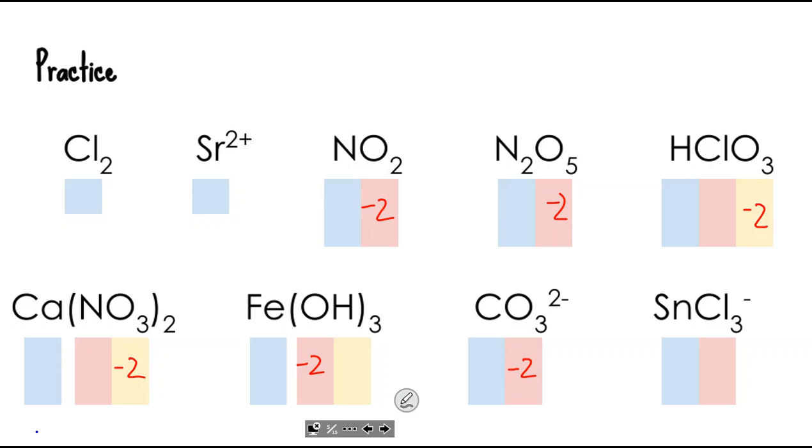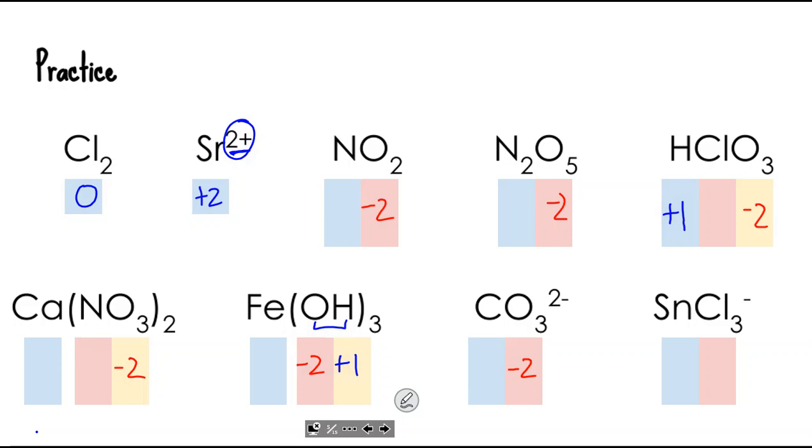Like, for instance, the hydrogen's +1 here, because technically it's bonded to the oxygen there. We'll talk about the polyatomics in just a second. This is elemental chlorine, 0. This one's going to follow its formal charge. Strontium's group 2, and it's an ion there.